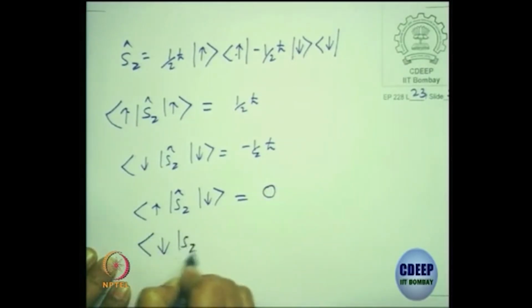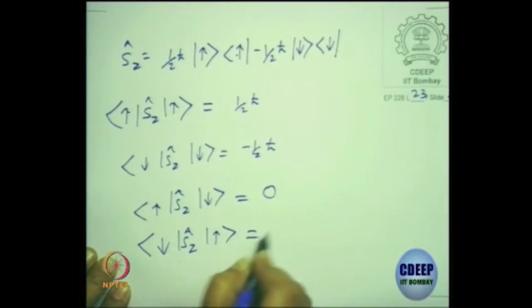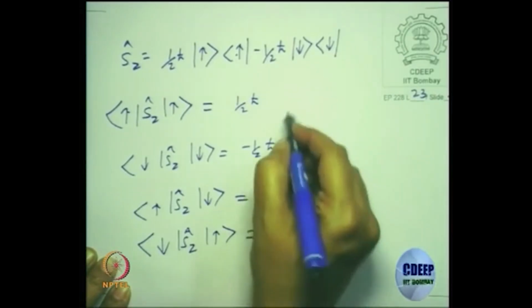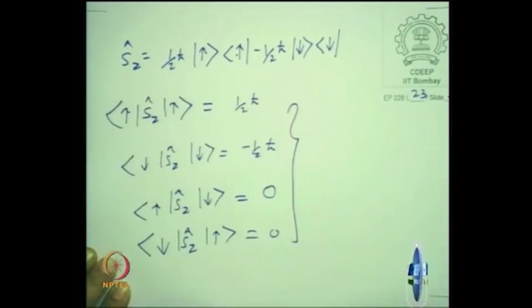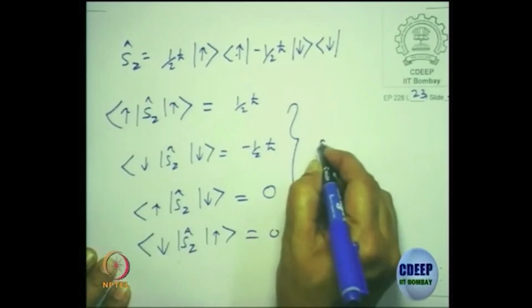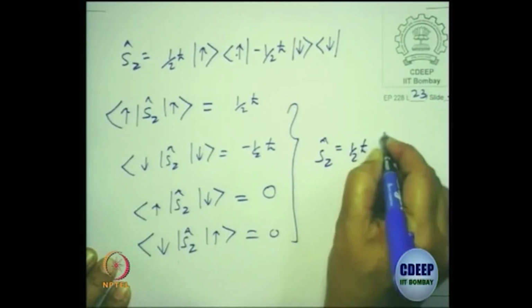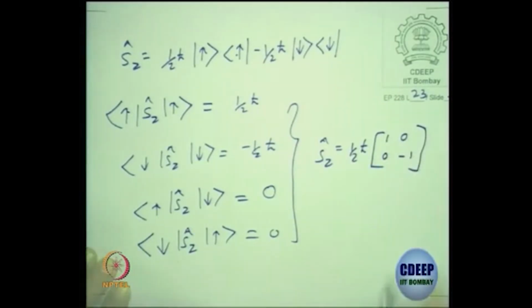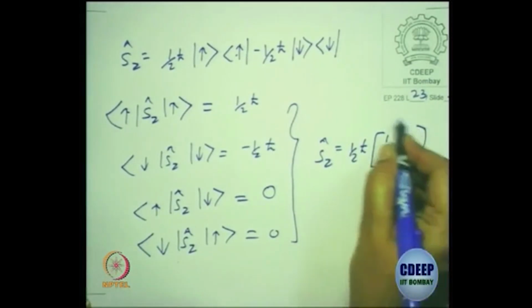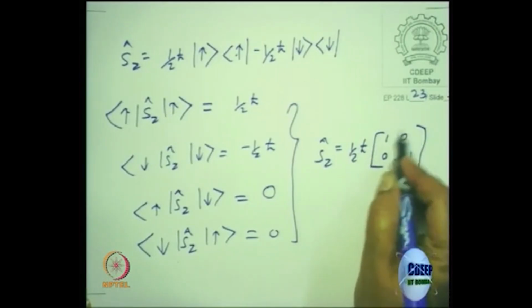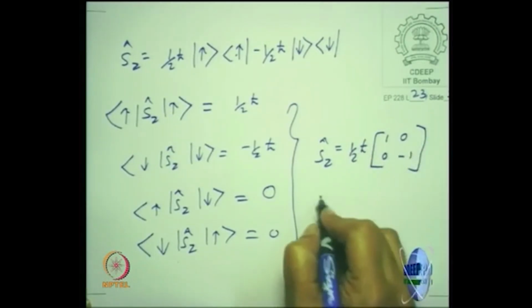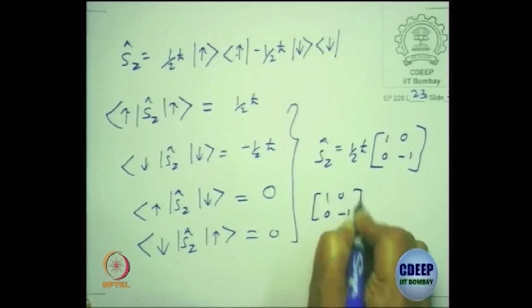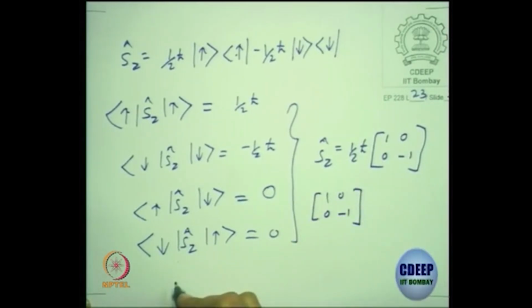Down Sz with up will be 0. So using these 3 with this operator, you can write Sz to be half h cross times the matrix 1, 0, 0, minus 1. We will come back to these matrices.